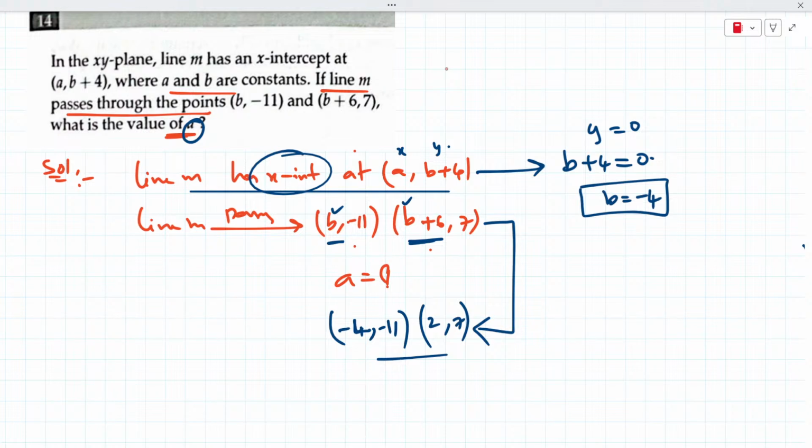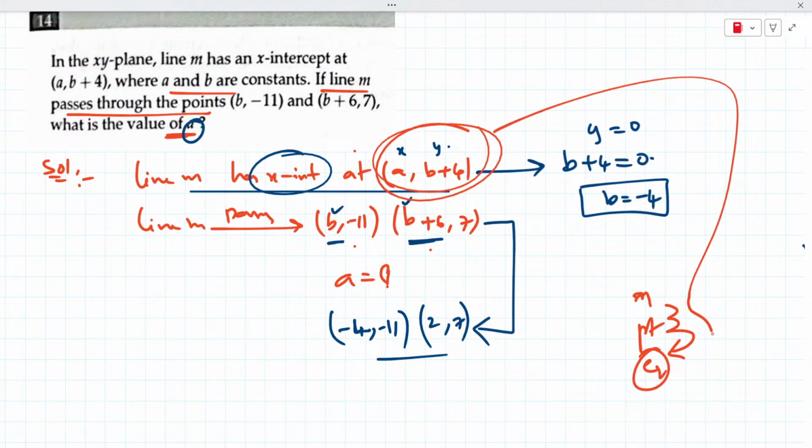So I first try to get the slope. We need slope and we need a point, and we get the equation. After getting the equation, we substitute this point into the equation and we get the value of a. That's what we are going to do.